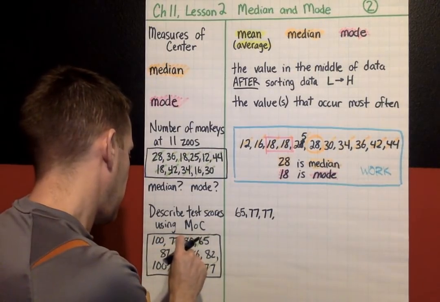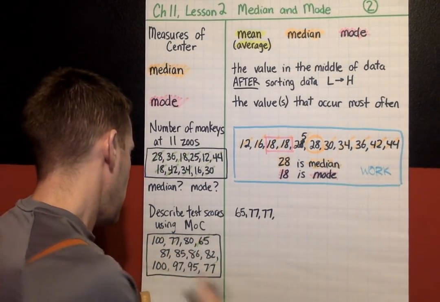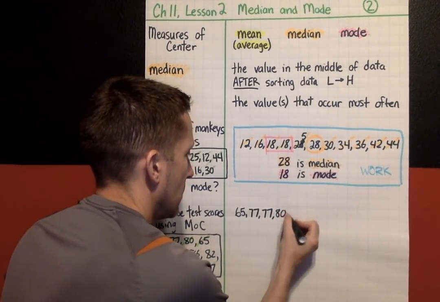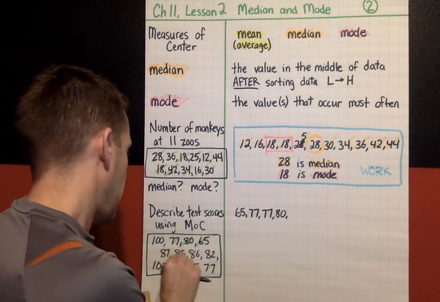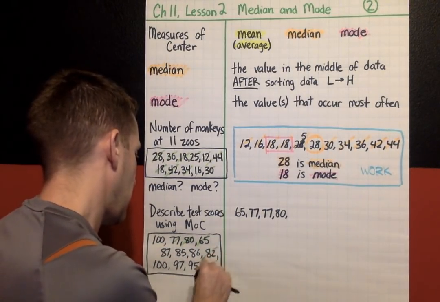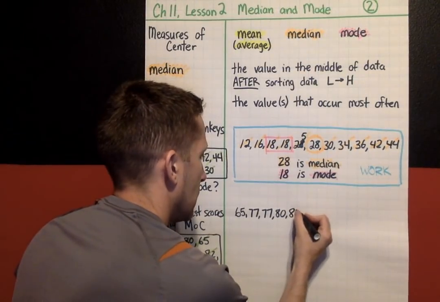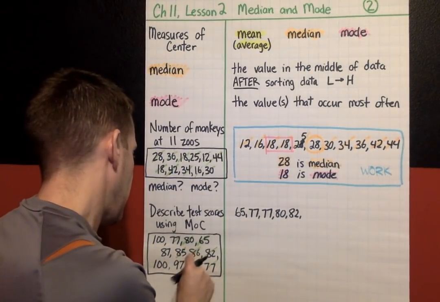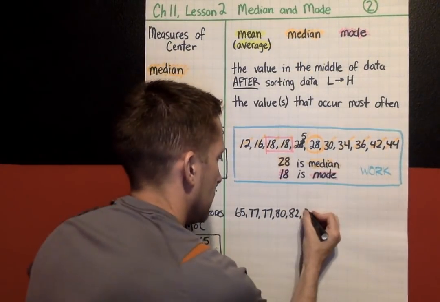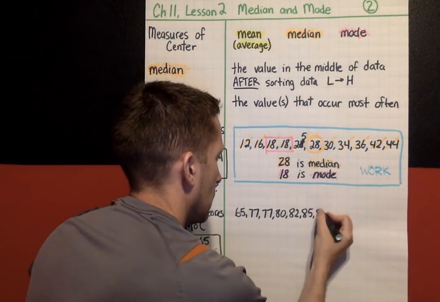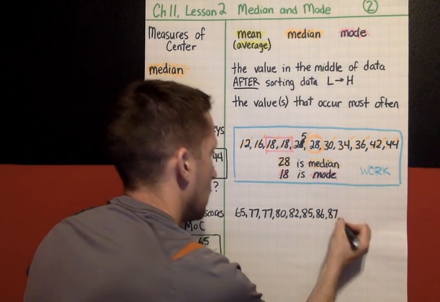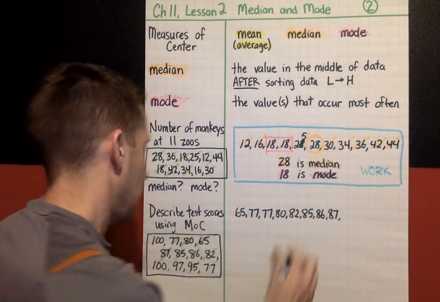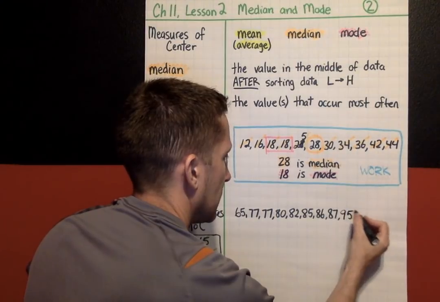And scanning, I see an 80. 80 looks like the next number in order. 82 is next. 85, 86, 87. 95, two 97s.